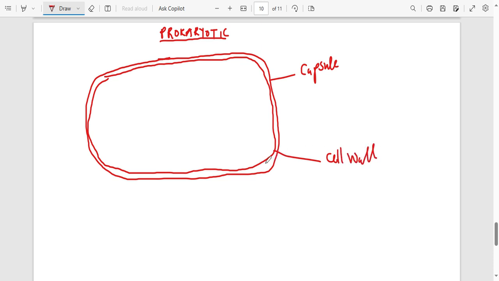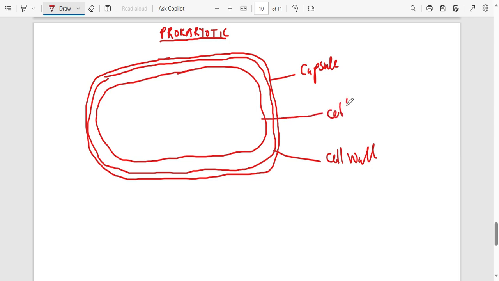Inside the cell wall, that's where we are going to find the cell membrane. Like that. Inside the cell membrane, that's where we're going to have the cytoplasm.